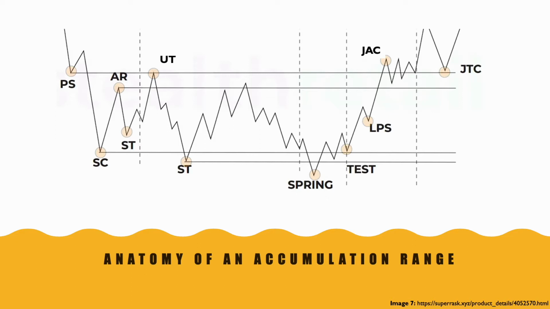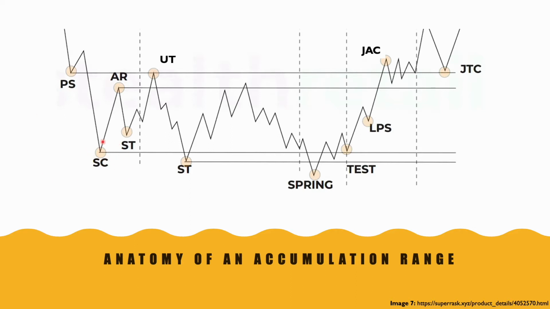The anatomy of an accumulation range. I will explain: every accumulation range has a structure. This structure includes key points within the structure. It is possible that some points will be missing, but not these key points, and I will explain them.